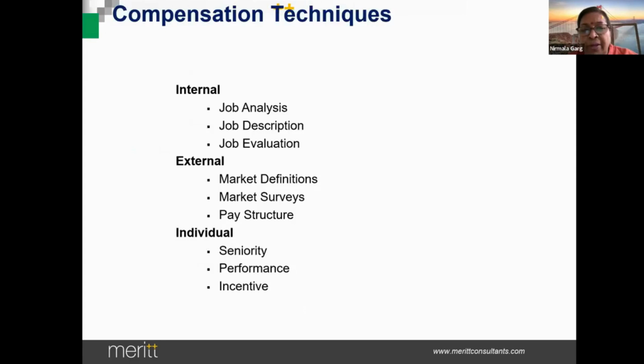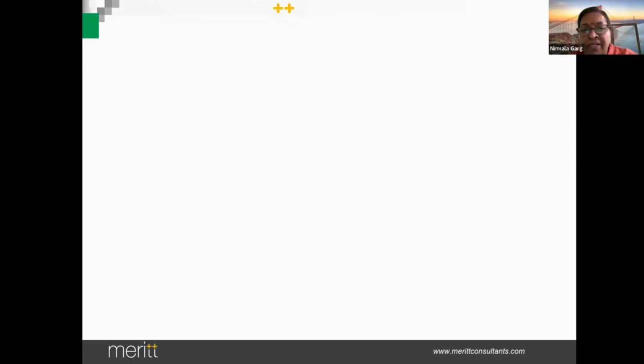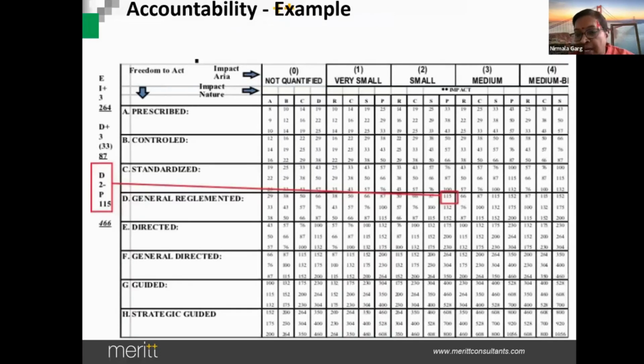Likewise, in the Hay methodology, you have them for all the three compensable factors of know-how, problem solving, and accountability. And then you compute the total point value for every job and do exactly the way we did in session 2, job evaluation.